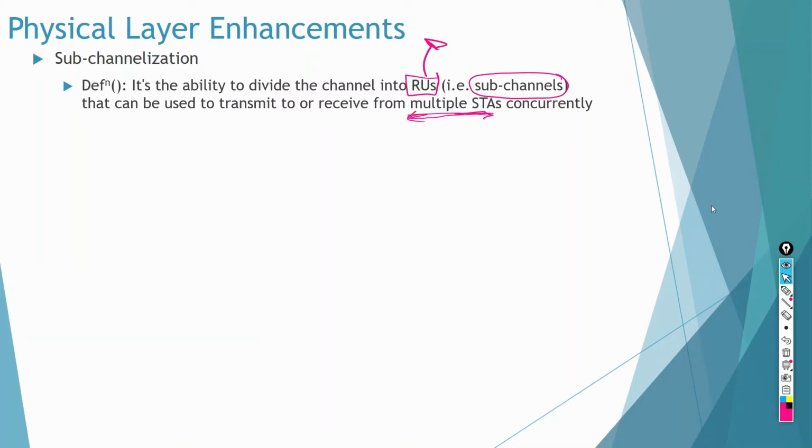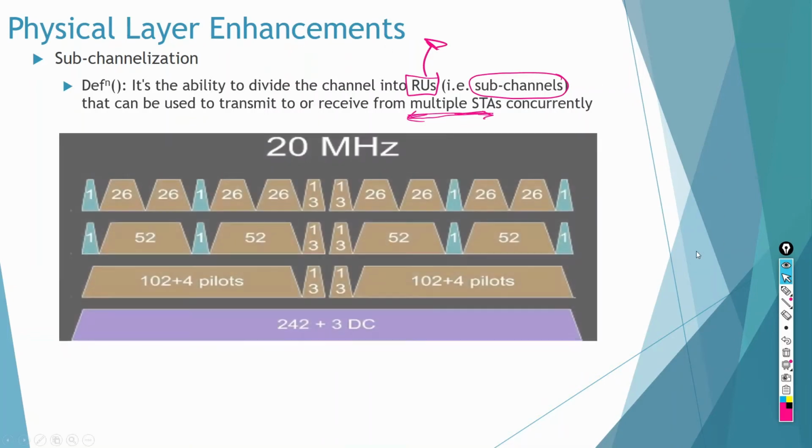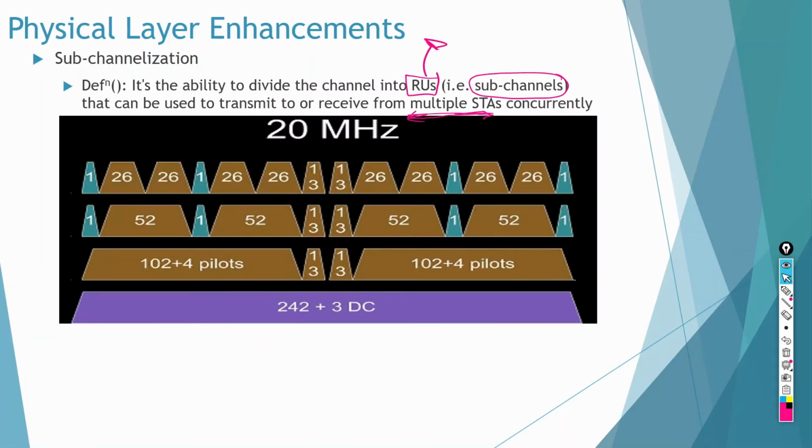Before we get into how it helps exactly to enhance the 11AX operation in the PHY layer, let's have a look at the 20 megahertz channel. So basically, let me grab my pen and take this color.